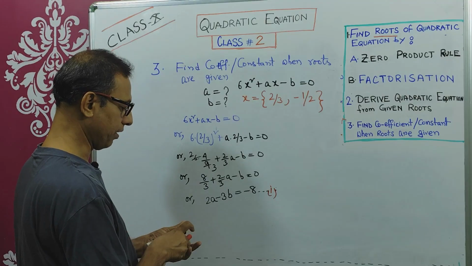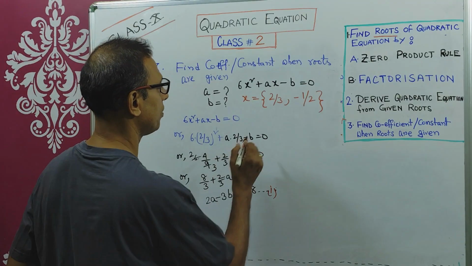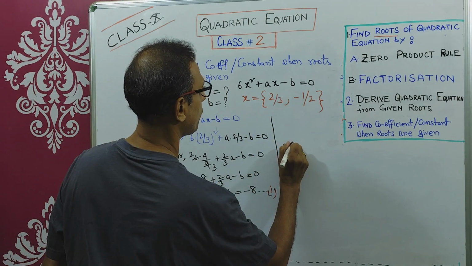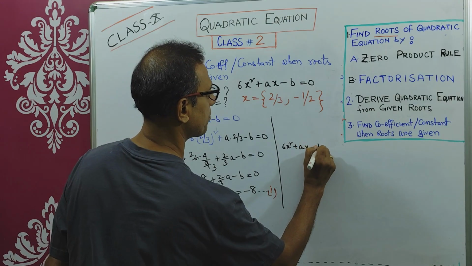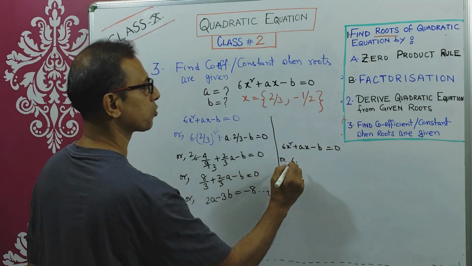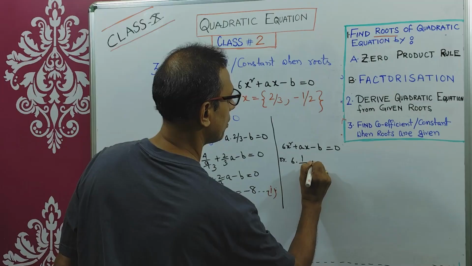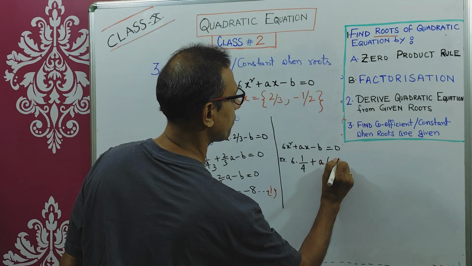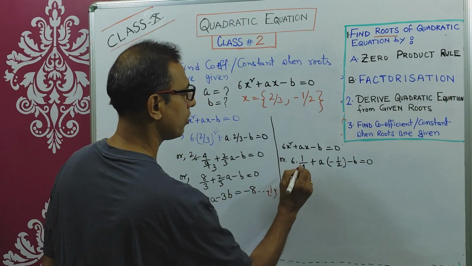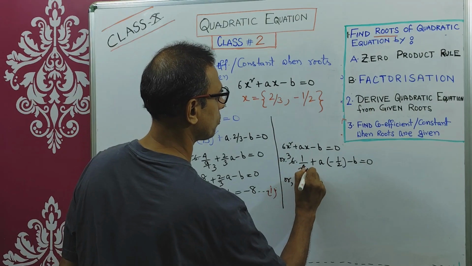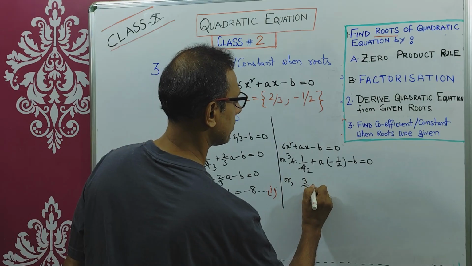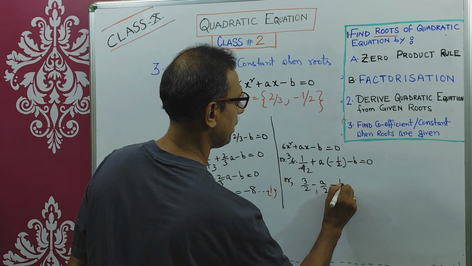Another equation you need to derive. What is the other equation? You derive it from the given value, minus half. So 6x square plus ax minus b equals 0, or 6 into minus half whole square, that means 1/4, plus a into minus half minus b equals 0, or you cancel, 2 3s are 6, 2 2s are 4, so 3/2 minus a/2 minus b equals 0.